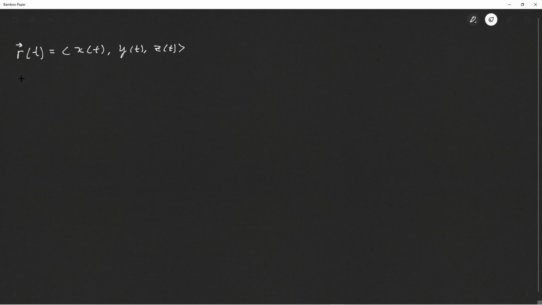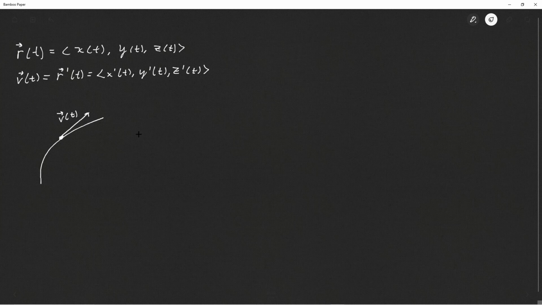And then just a reminder that our velocity vector is just going to be the derivative of our position vector, so this is just going to be x prime of t, y prime of t, and z prime of t. And if we had a curve here, our velocity vector would be our tangent. So this is our v of t.